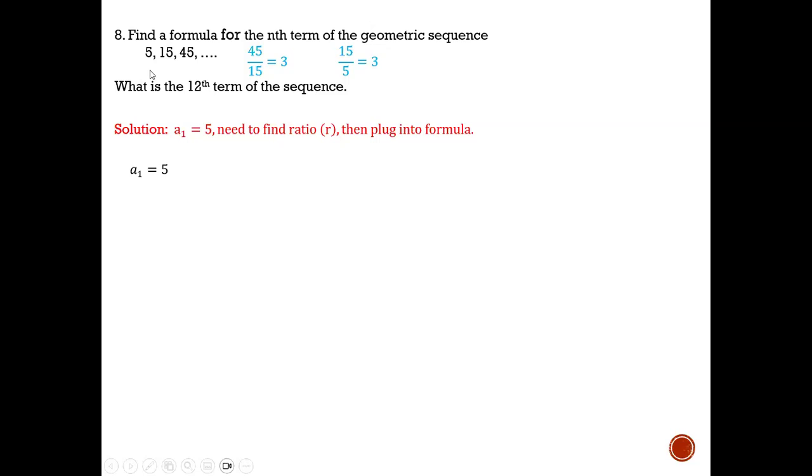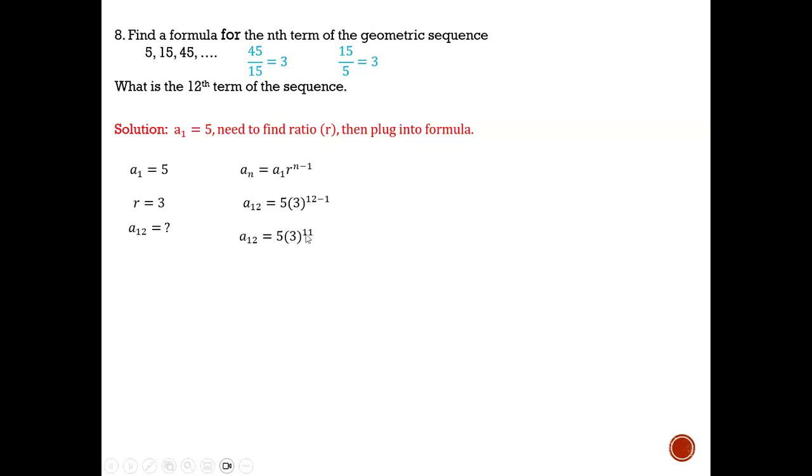Okay, so again, a1 is 5. Now I found that my ratio is 3. I want to find the 12th term. Well, I know it's geometric, so this is my formula for any term of a geometric sequence. a sub n, n is 12, so I plug in 12. I have a1 is 5, my ratio is 3, and I plug in 12 for n, 12 minus 1. 12 minus 1 is 11.